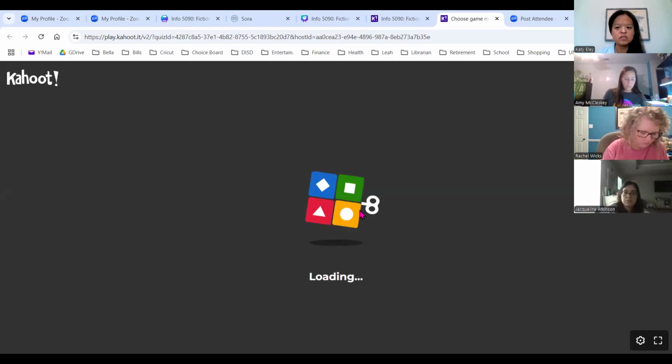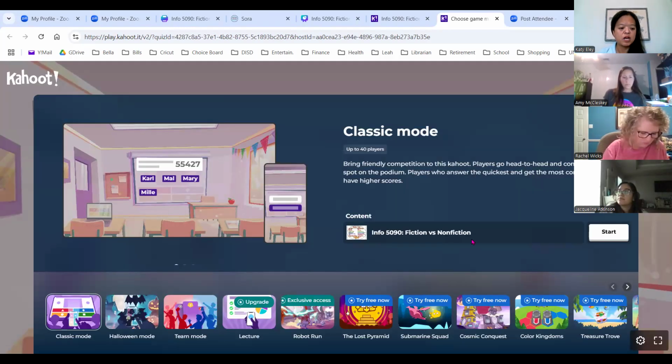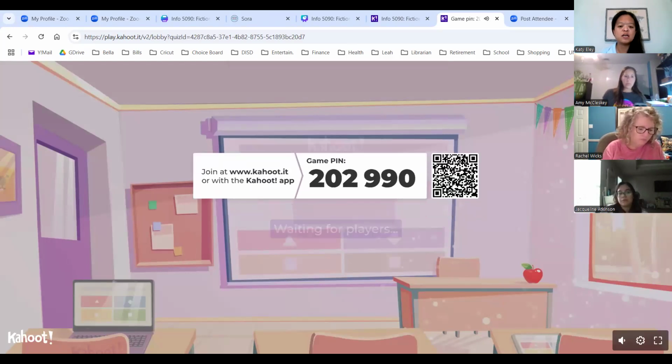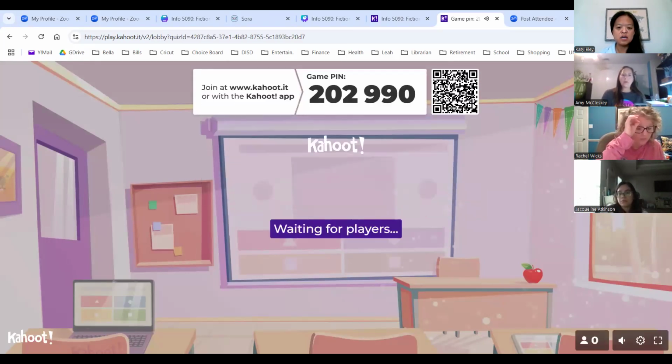Can you guys see that it's loading? Yes. Okay, awesome. www.kahootit.it. And the pin is 202990. And if you want to make up a silly name, that's fine.